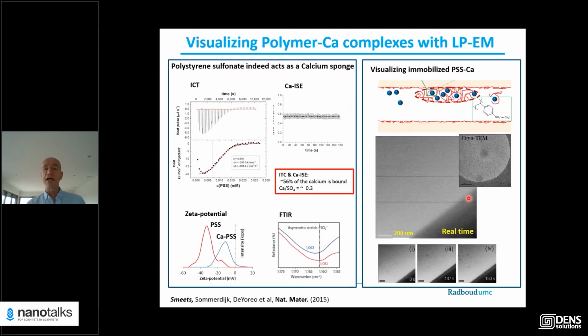And our plan was to replace the sulfate-rich sugars that we find in biology by a sulfonated polystyrene, a polymer with sulfonate groups that we could find was interacting with calcium and actually acting as a calcium sponge.